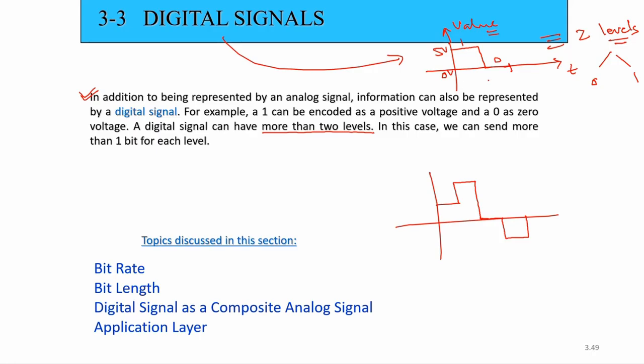If only two levels are there, one bit is required, either 0 or 1. If 4 levels are there, we require 2 bits to represent them. If more than 2 levels are possible, we can send more than 1 bit for each level, so we encode each level with 2 bits.